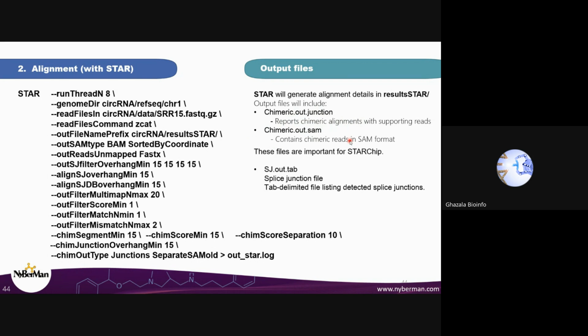This is for our visual understanding, so that we can open it in any text format or in Excel and see how the data exactly looks. It is also used by STARChip, so it supports tabular format input. That's why we need the SAM file.